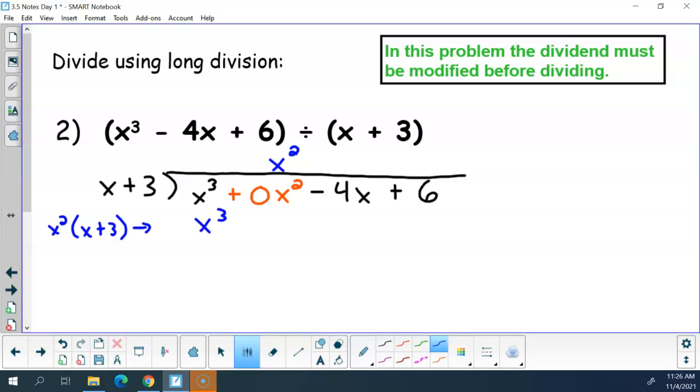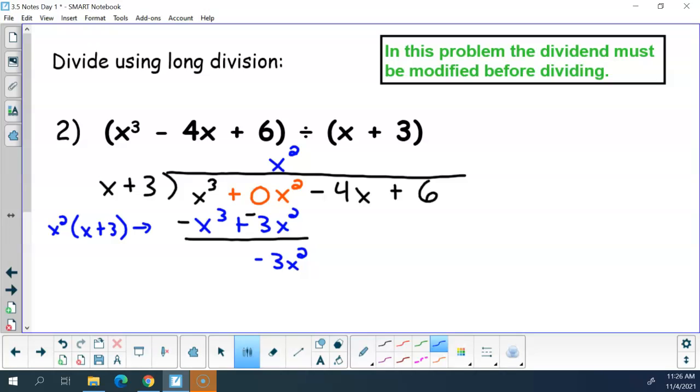So then I get x cubed plus 3x squared. Do what? Change my signs. And I have negative 3x squared left over. Now what? Multiply by 3.